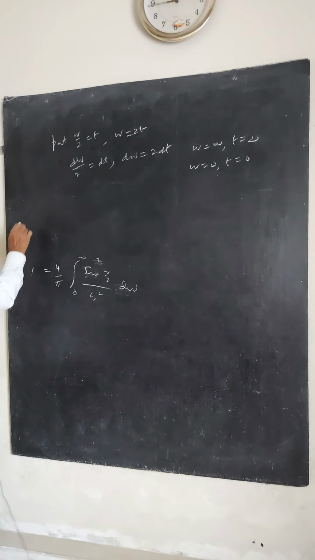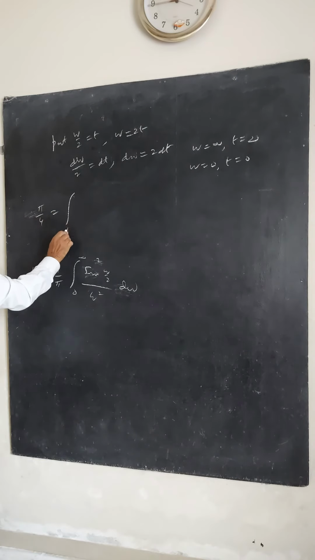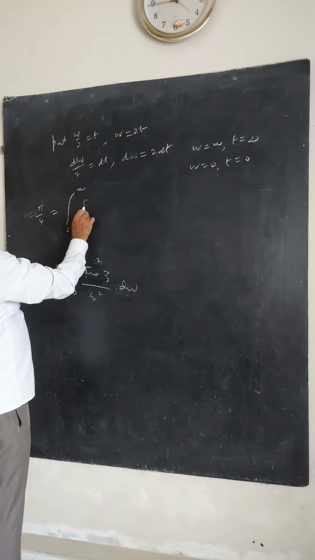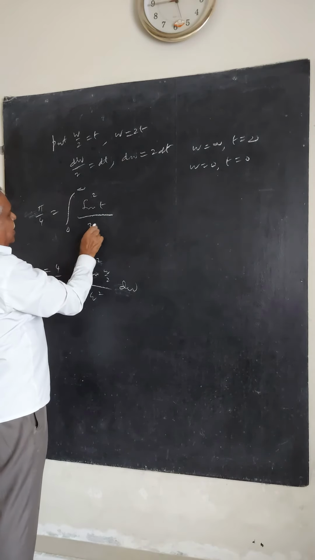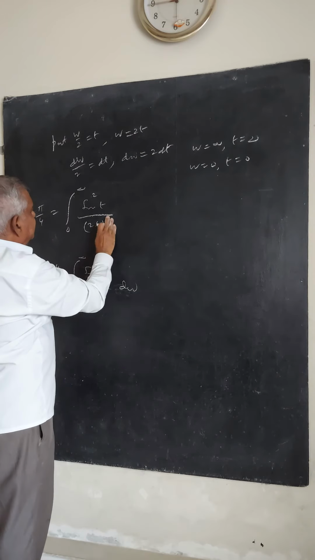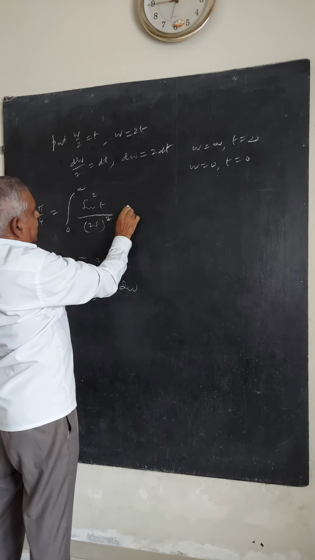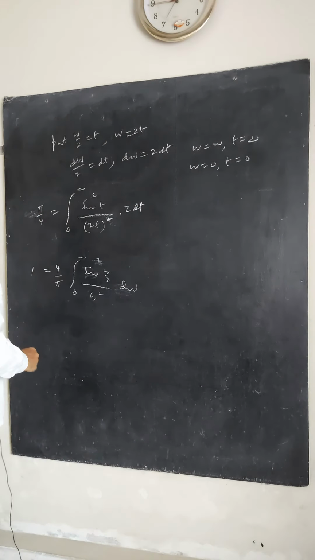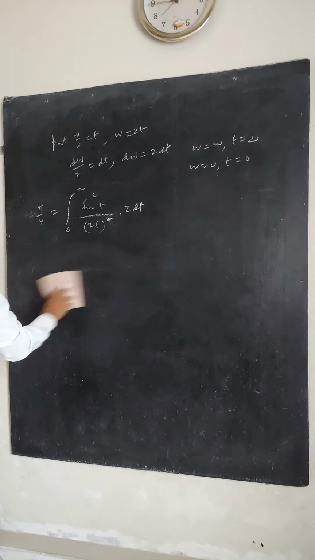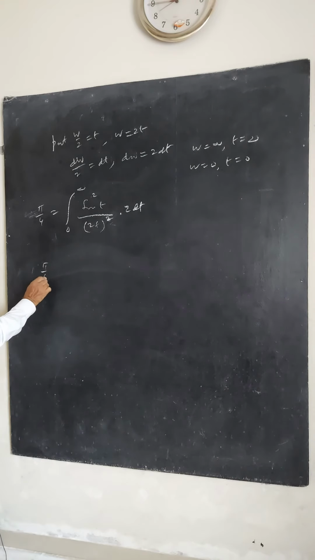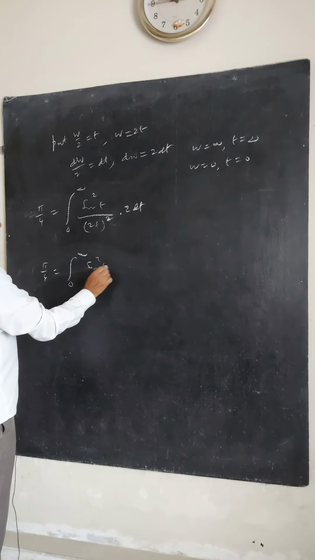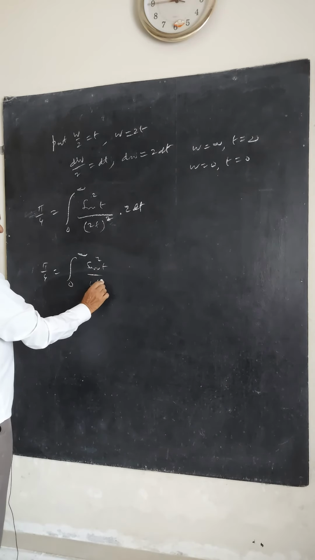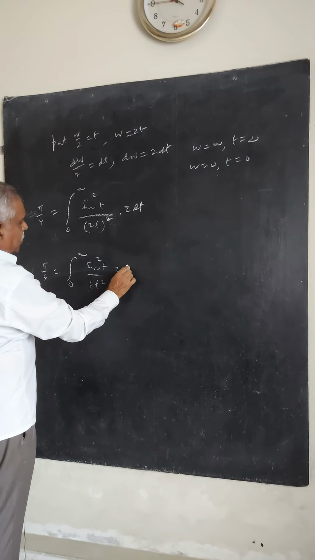Limits are the same. Therefore, 1 equals 4 by pi on this side, so pi by 4 equals 0 to infinity, sin square t by, what is omega square? 2t square, and what is d omega? 2 dt. So pi by 4 equals 0 to infinity, sin square t by 4t square, 2 dt.